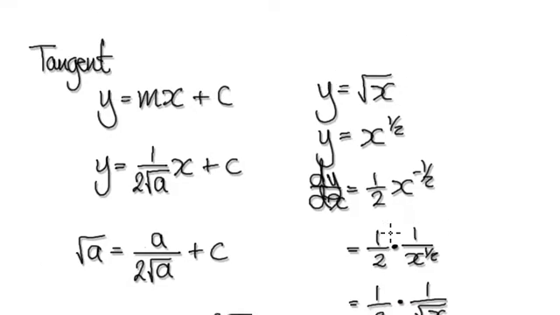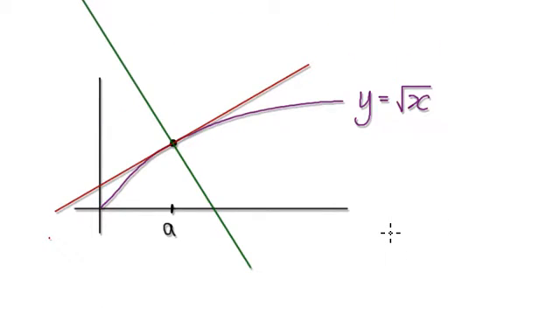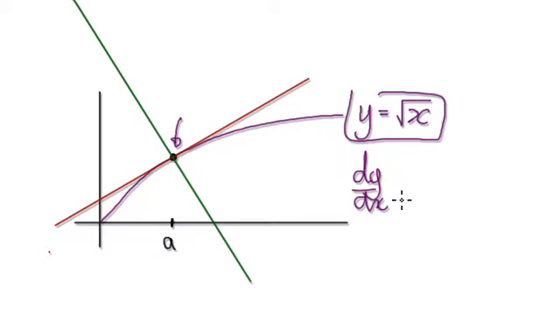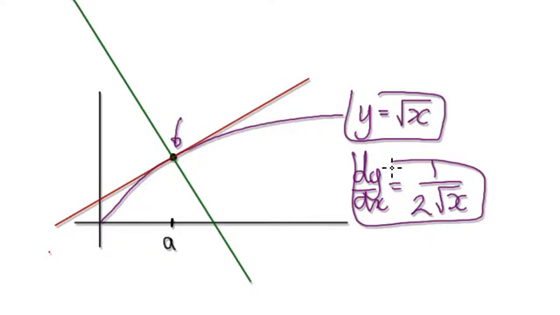So going back to here, we need to know the gradient at this particular point. So we would differentiate this. Differentiating it will then give us 1 over 2 root x. So what this means is we now have the ability to work out the gradient anywhere along here.